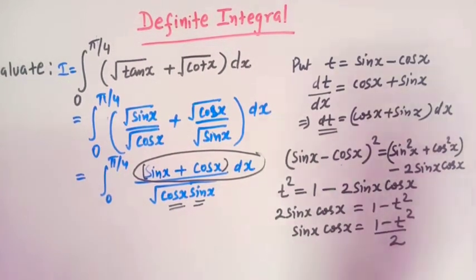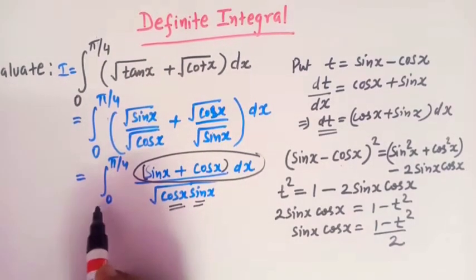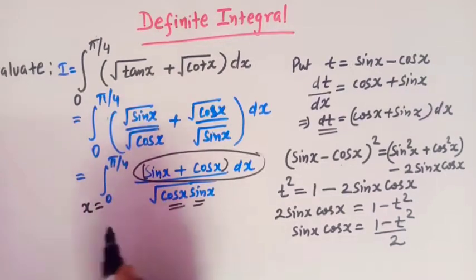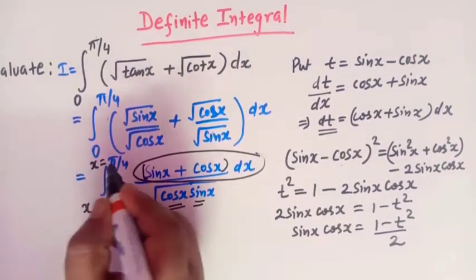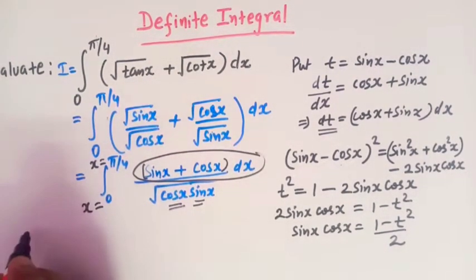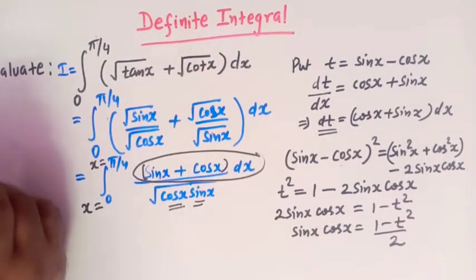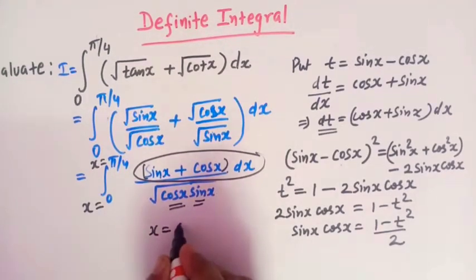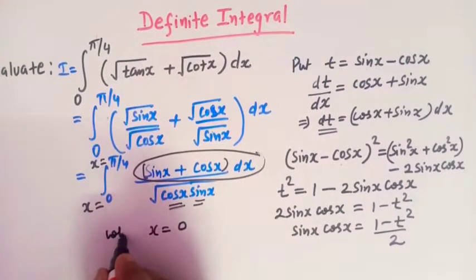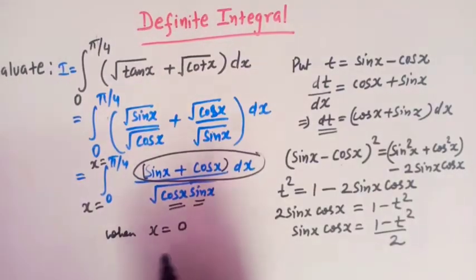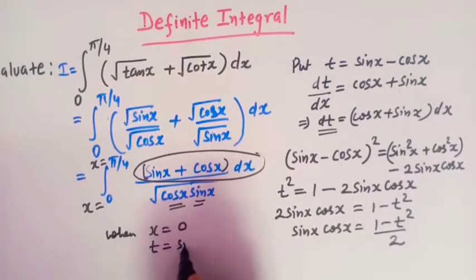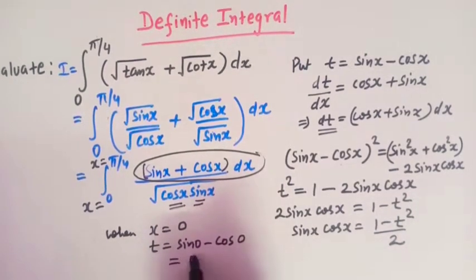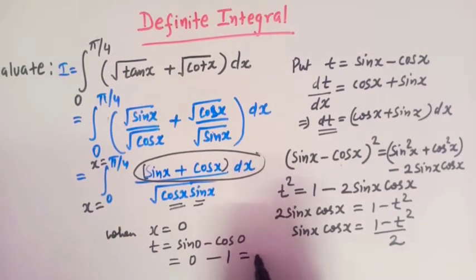Now let us change the limits accordingly, because the limits are from x equal to 0 to x equal to pi by 4. When x is equal to 0, the value of t is sin 0 minus cos 0, and sin 0 is 0, cos 0 is 1, so we have minus 1.